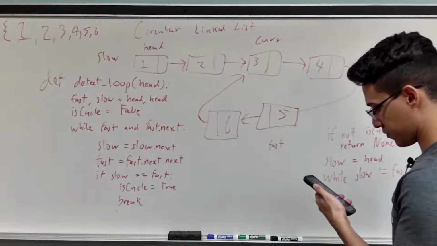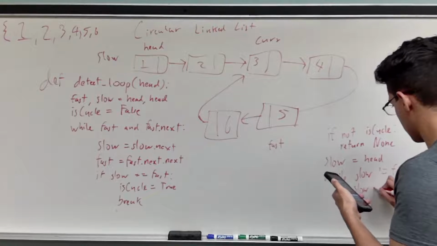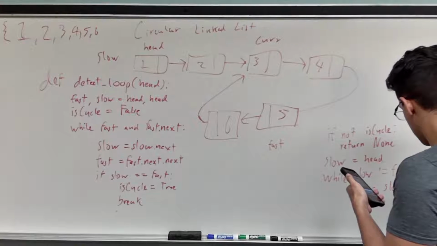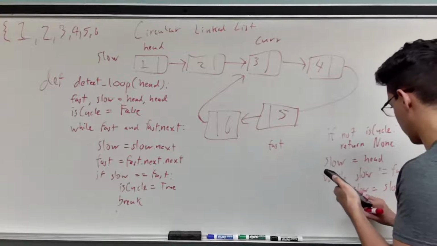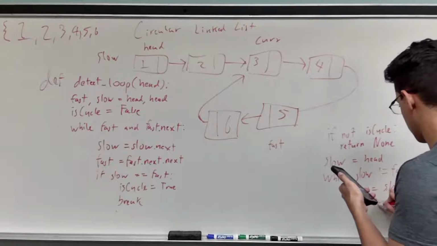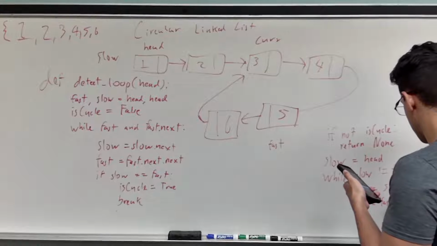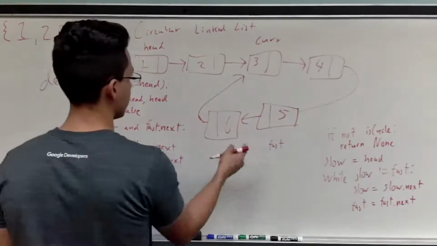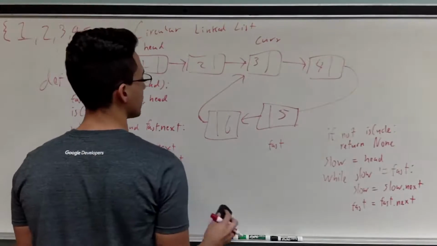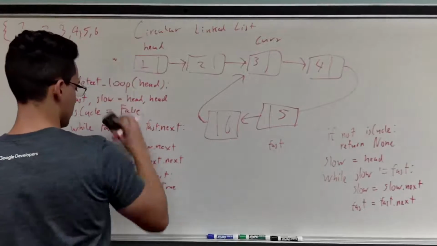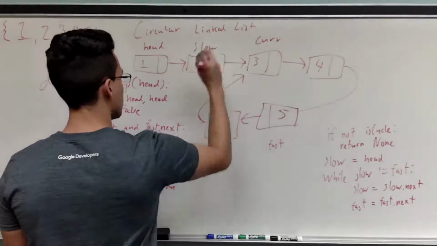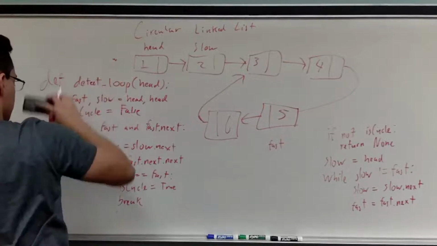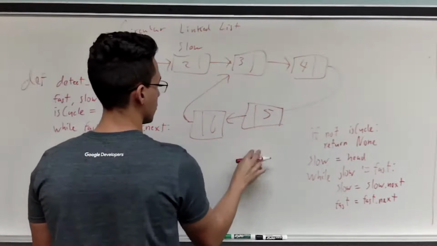So slow equals slow dot next, and fast equals fast dot next. We start here, fast is here. Now fast is going to move at the same rate as slow. You move slow up, and then fast moves up by 1.